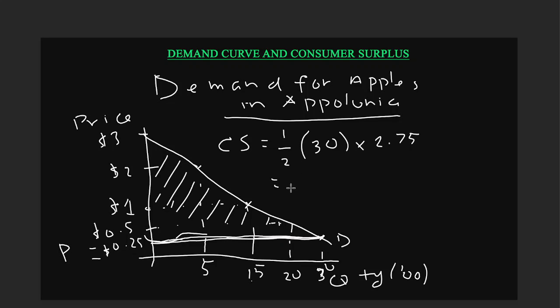If you do the calculation, you get 41.25. So the consumer surplus for apples in Apollonia is $41.25.